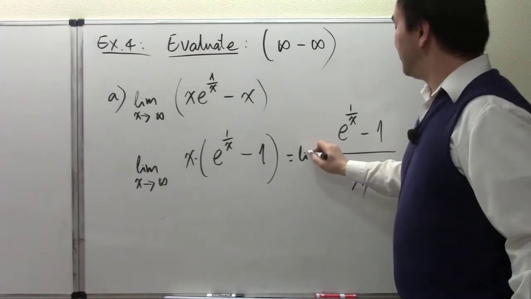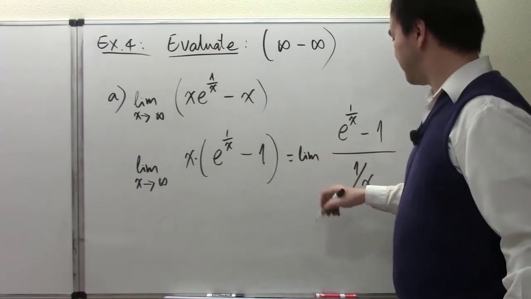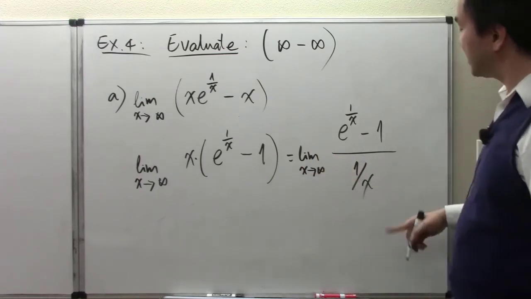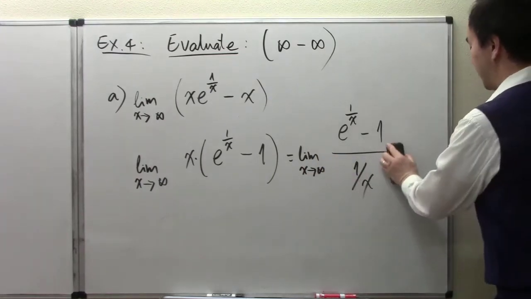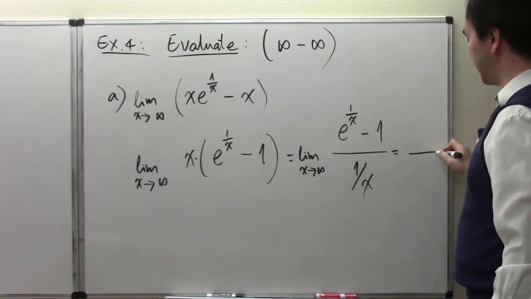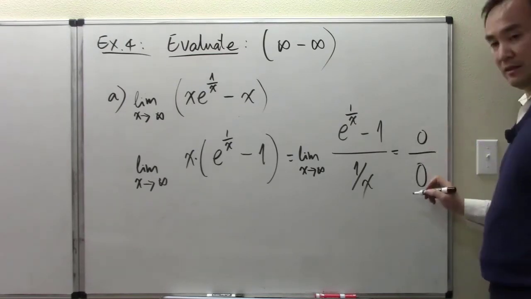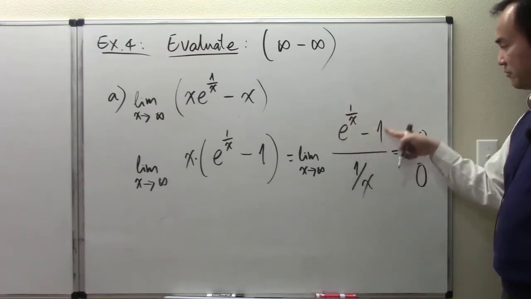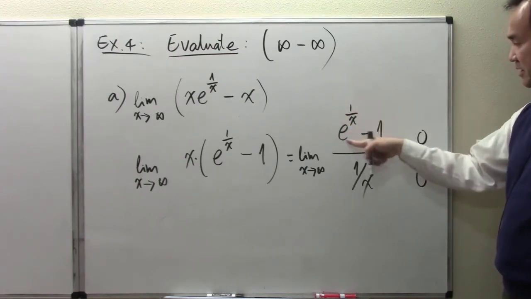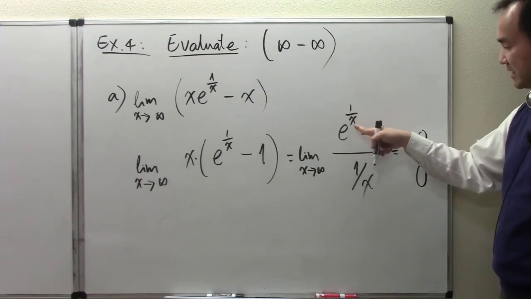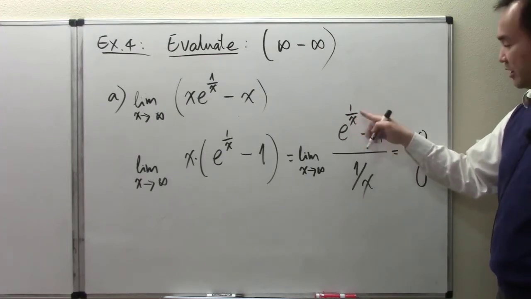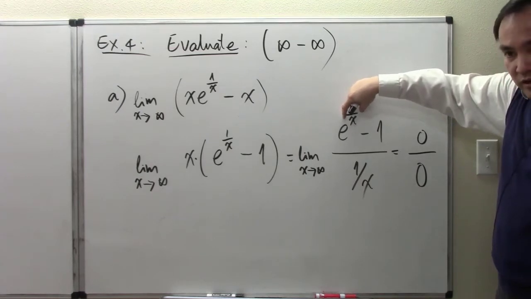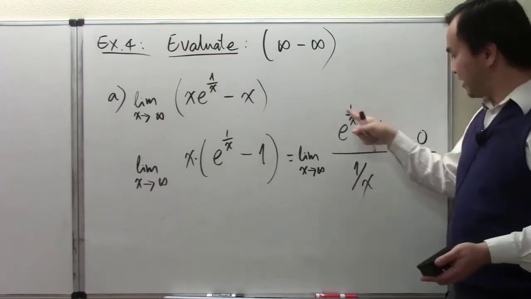All right, now when we get to this step, let's check it again. Now I can see that I'm running into 0 over 0. That term, e to the 1 over x, is going to be a 1, because 1 over x will go to 0 as x grows big to infinity, and e to the 0 is 1.